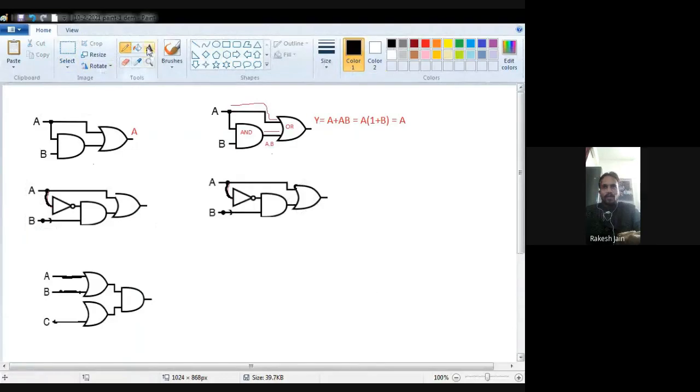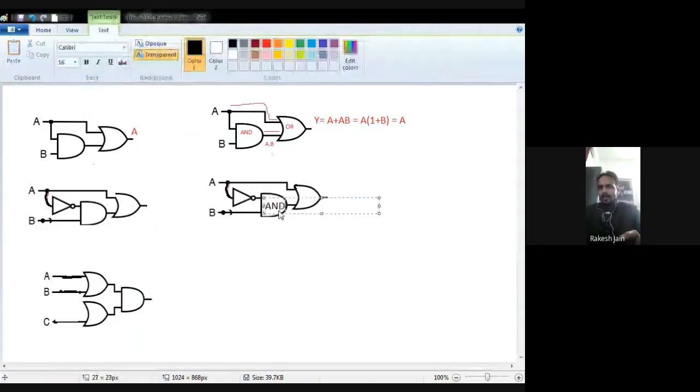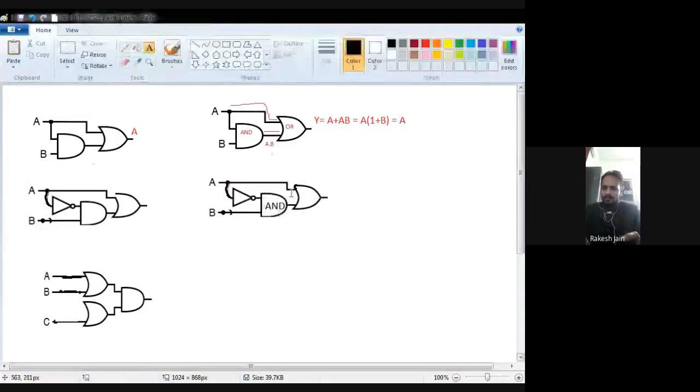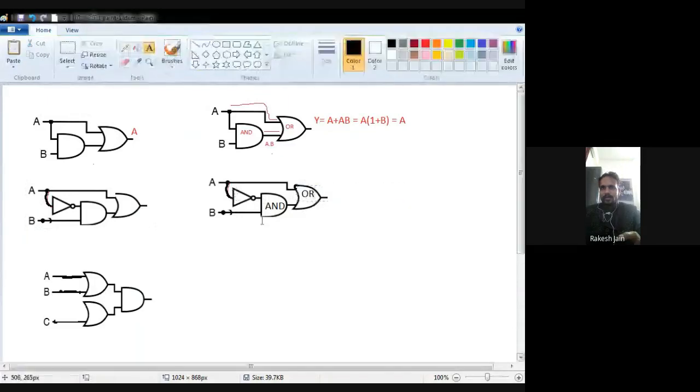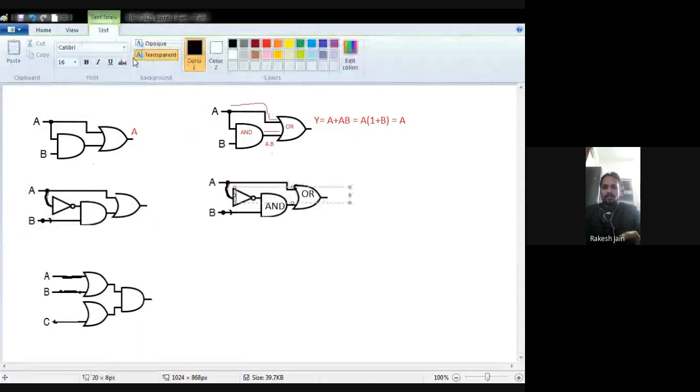First of all we should know about the logic gates. As we know, this is an AND gate, this is your OR gate, and this is your NOT gate. I just decrease the size so you will be able to see the names.